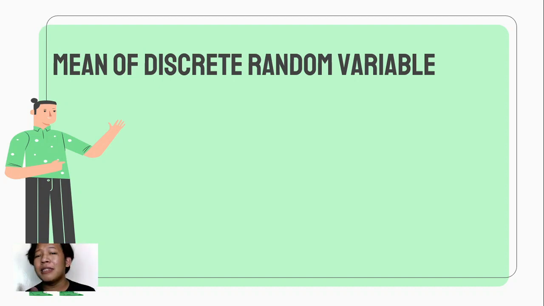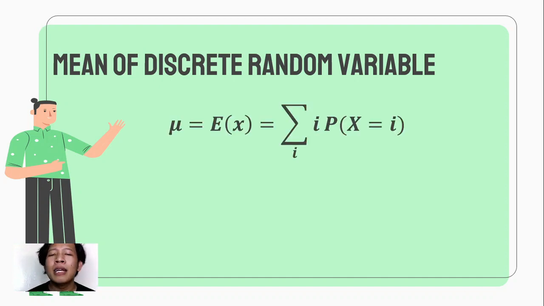The mean of a discrete random variable is the expected value of your discrete random variable, denoted by mu, which is equal to the expected value. The expected value is equal to the summation of i times the probability of your random variable.